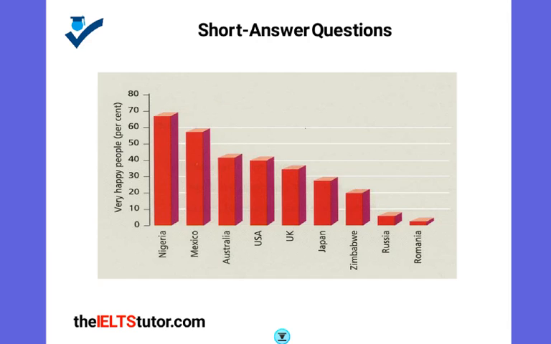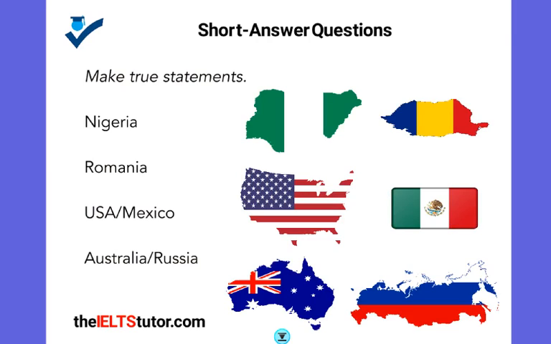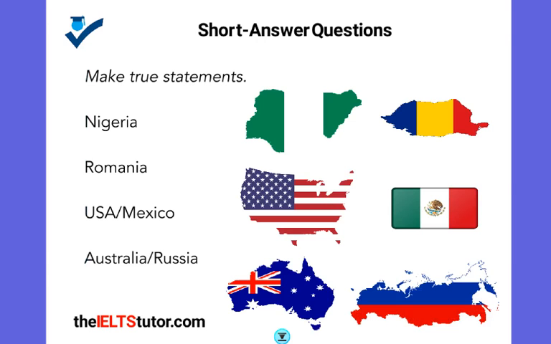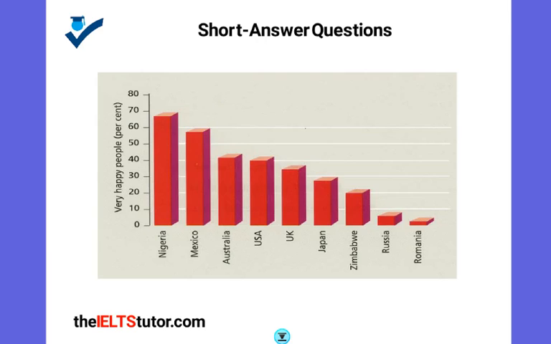I'm just going to show you some possible statements that you can make about, first of all, Nigeria. You can see that it's the highest bar there. So, Nigeria, what can we say about this? We can say that Nigeria has the highest percentage of very happy people.